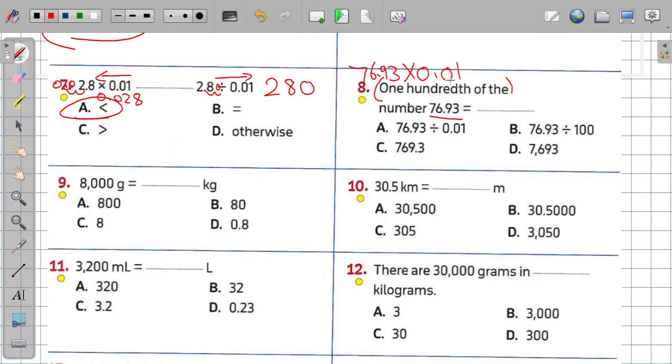So I don't have this operation in the choices. So what can I do? Let's change the operation to division. Multiplying by 0.01 or multiplying by 100th is equivalent to dividing the same number by 100. So it will be choice B.